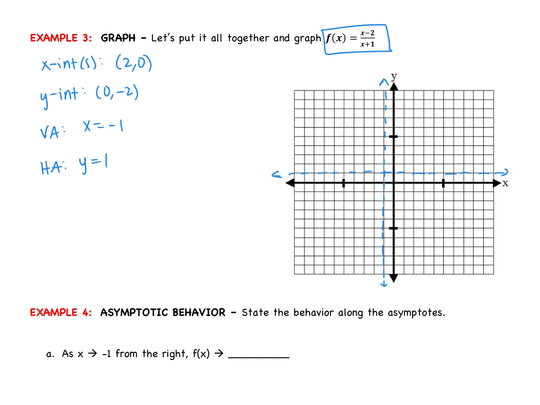There. So those are our two asymptotes. Remember, the idea with an asymptote is the graph is going to approach both of those dashed lines but never touch them and not cross them. Then we're going to graph our two intercepts. So we have (2, 0), which is right here. And we have (0, -2), which is right here.